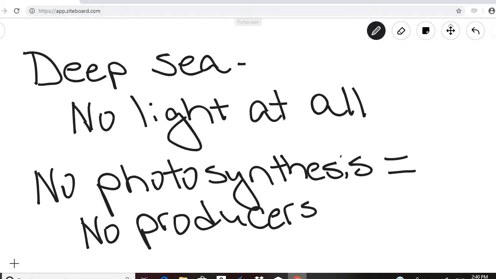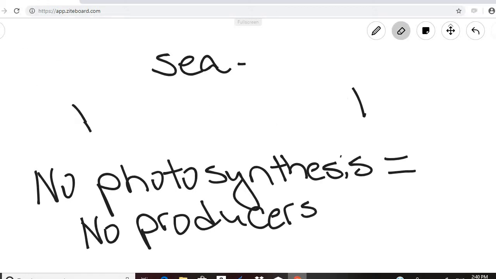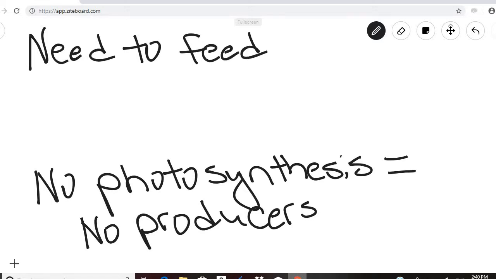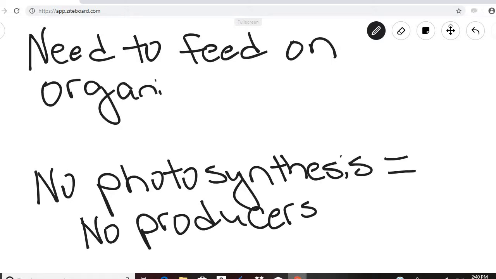So animals that are living in this area are going to need to feed on organic matter that is produced in the photic zone.